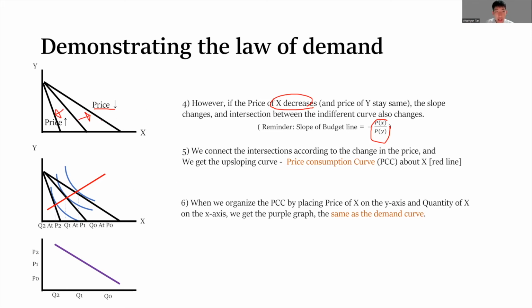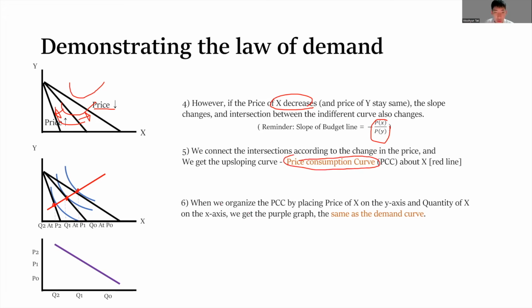And of course, each budget line has its indifference curve like this. Then we will connect the intersections of the budget lines and indifference curves as the price changes, like this. Then we get an upward sloping curve called the price consumption curve.